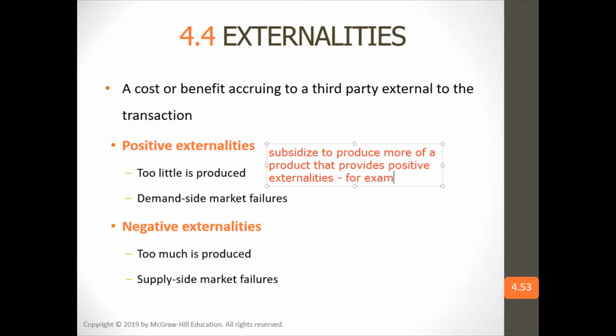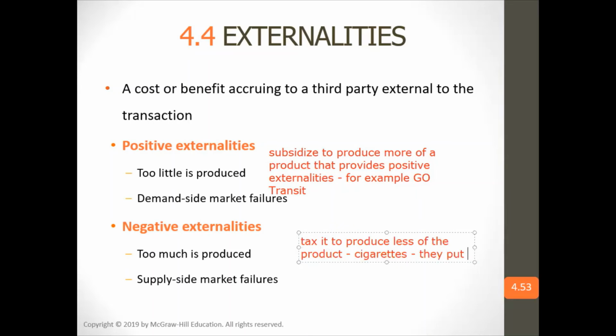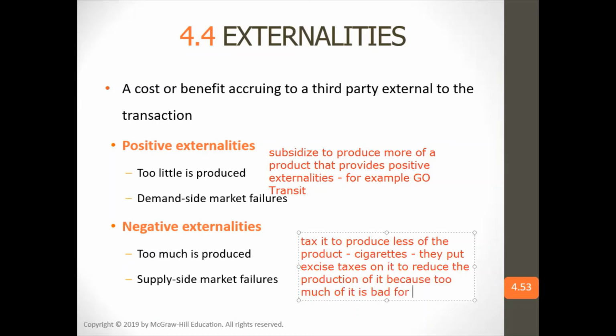With a negative externality, too much is produced, so they tax it to produce less of the product. Like cigarettes, basically. They put excise taxes on it to reduce the production of it, because too much of it is bad for society.